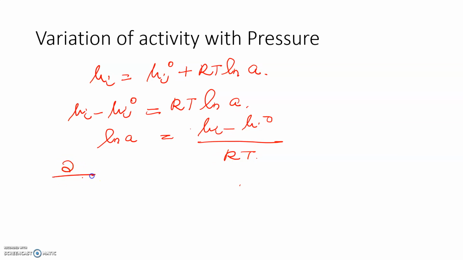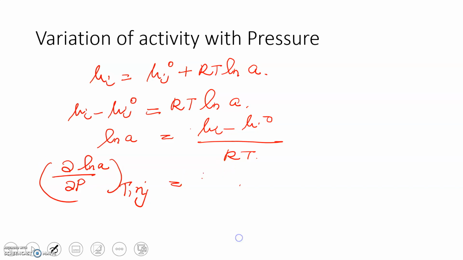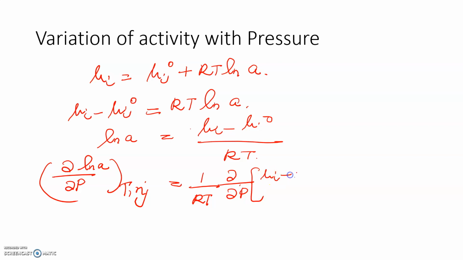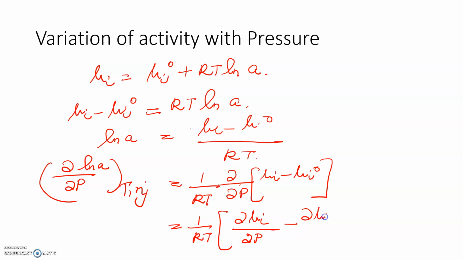Now the variation is ∂/∂P of ln a at constant temperature and number of moles of other components, will be equal to, R is a constant, T is a constant, therefore 1/RT we can take outside, ∂/∂P of (μ_i minus μ_i⁰). This we can write as 1/RT into (∂μ_i/∂P minus ∂μ_i⁰/∂P) at constant temperature and N_j.